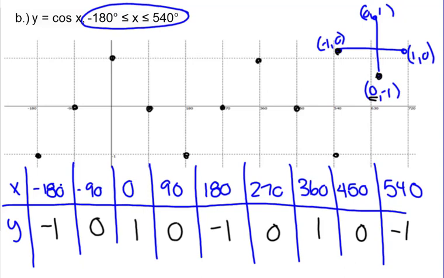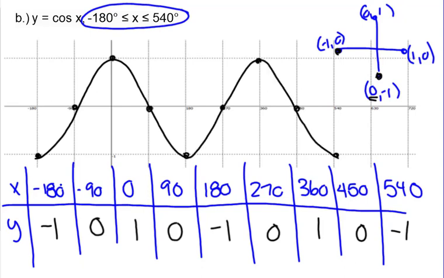And so if we were to graph those, and again, if we wanted to continue on, they would repeat that same pattern again and again. But that's what a basic cosine graph looks like. It's the exact same as our sine graph, except the main difference is our y-intercept is at 1, not 0.